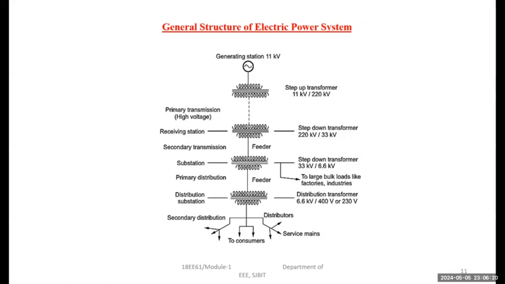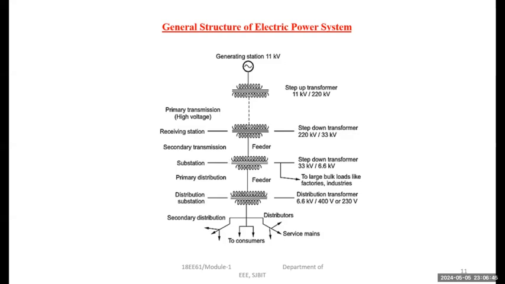This transfer of electrical energy from distribution transformers to domestic consumers is known as secondary distribution. Now, the power supply scheme we are seeing here is a comprehensive one, and it's not necessary that every power system network should have all the stages.